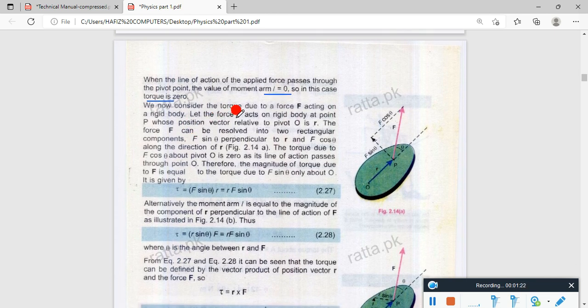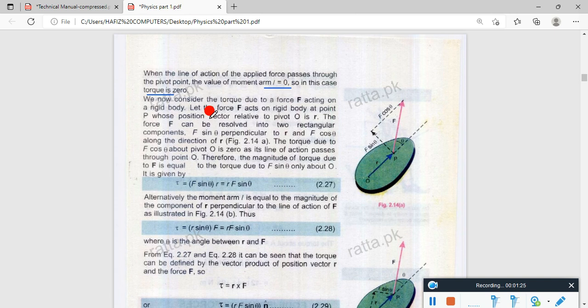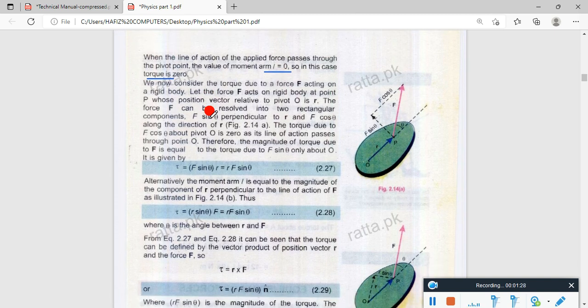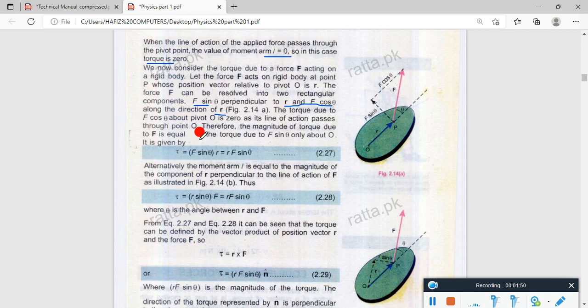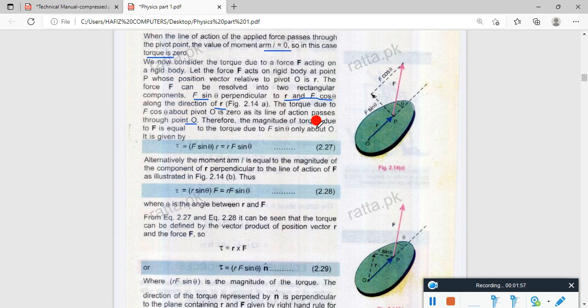Let the force F act on a rigid body at a point P whose position vector relative to the point O is R. F can be resolved into rectangular components F sin theta perpendicular to R and F cos theta along the direction of R. The torque due to F cos theta about the point O is 0 as the line of action passes through the point O. Therefore, the magnitude of the torque due to F is equal to the torque due to F sin theta only about O. Therefore, torque is equal to R F sin theta.